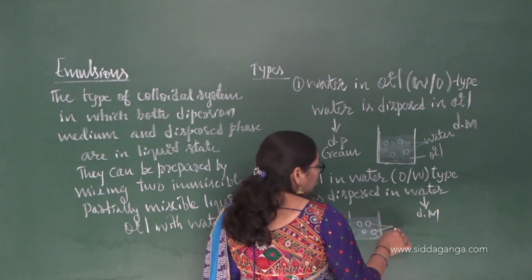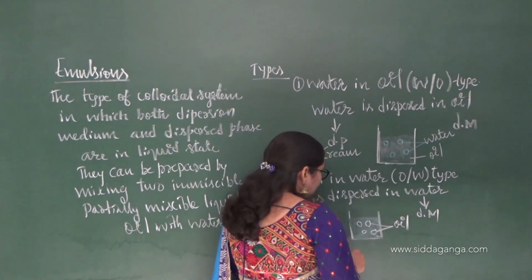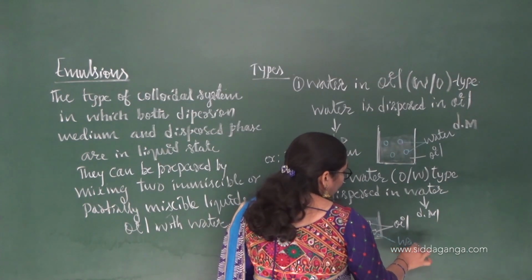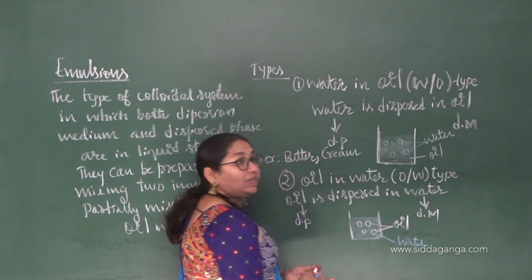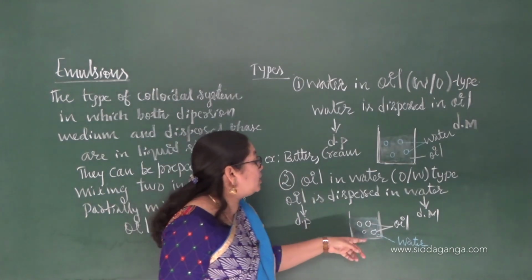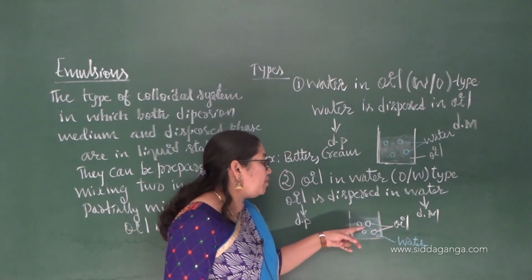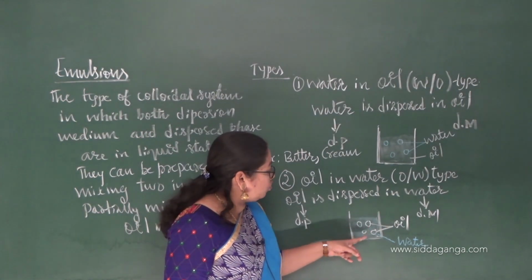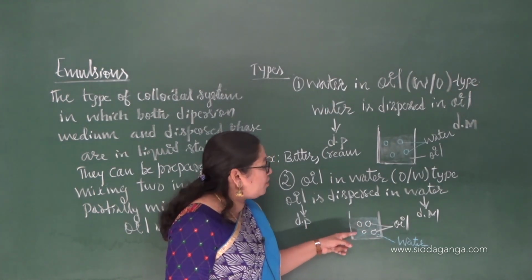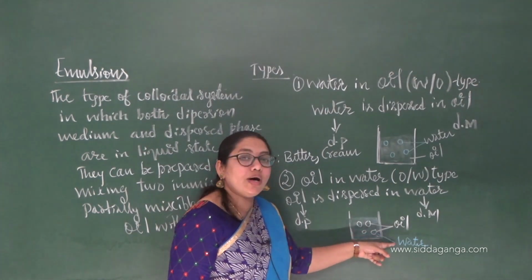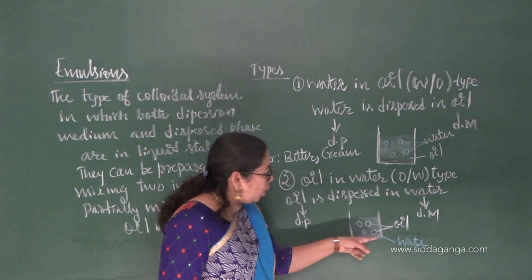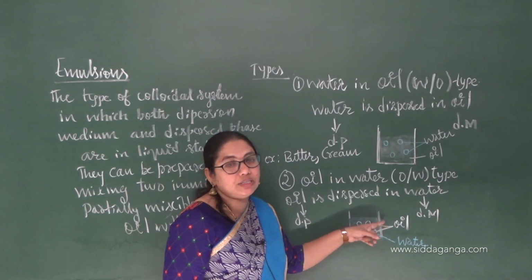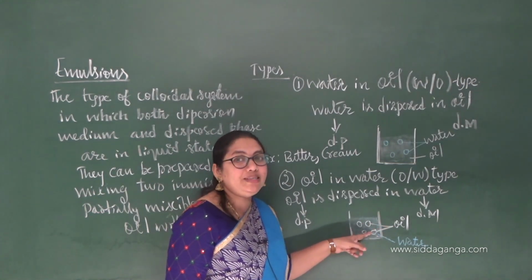The colorless ones are oil, and the blue color is water. So I have represented water with blue circles and oil with white circles. Which is the dispersed phase here? The dispersed phase is oil, the medium is water, which is present in larger amount. Water will be there in the larger amount, and oil will be in smaller quantities, in the form of droplets.